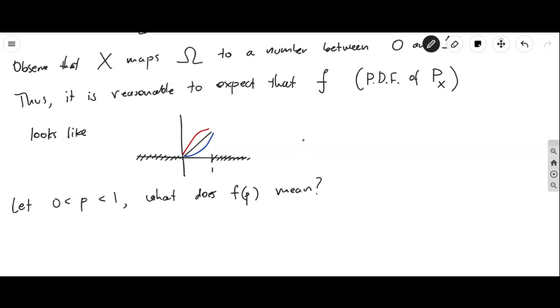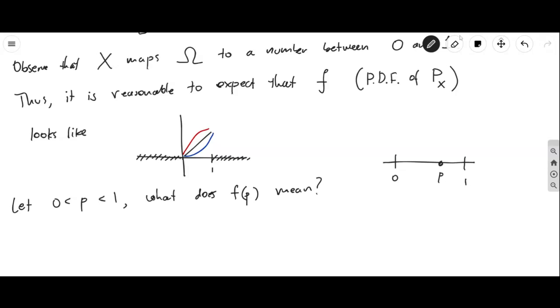Well, it means the probability density function evaluated at P, and this is the intuitive interpretation that we've used. Again, we're doing intuitive arguments right now. We're going to get an answer, and then after we get the answer, we'll be able to backtrack and justify it afterwards.